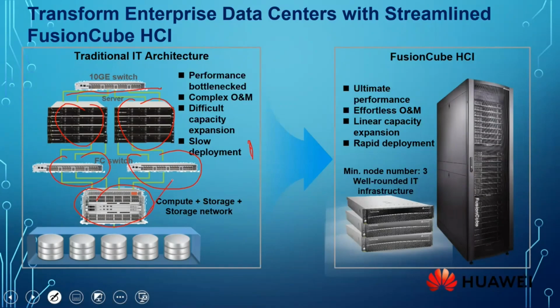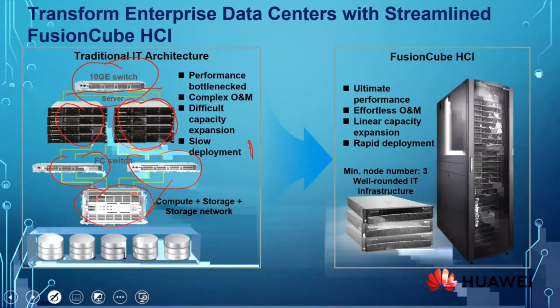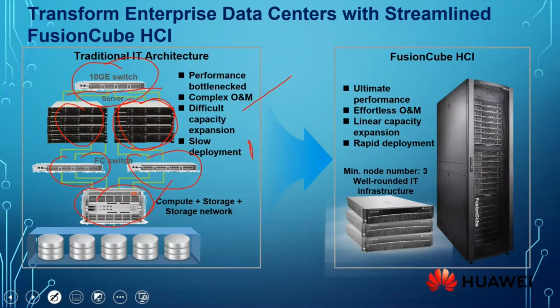Maybe you need a different engineer to configure the storage, a different engineer for the network, and a different engineer for the servers. All these teams will be working together, and there are a lot of communication issues. So the deployment will be very slow. And obviously, if different things are running in one environment, the O&M is very difficult to manage, and maybe you have a performance bottleneck as well, because everything is not fully integrated with each other.